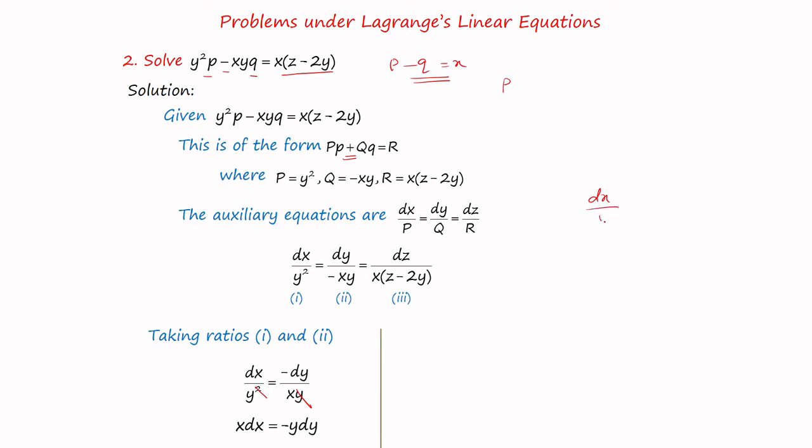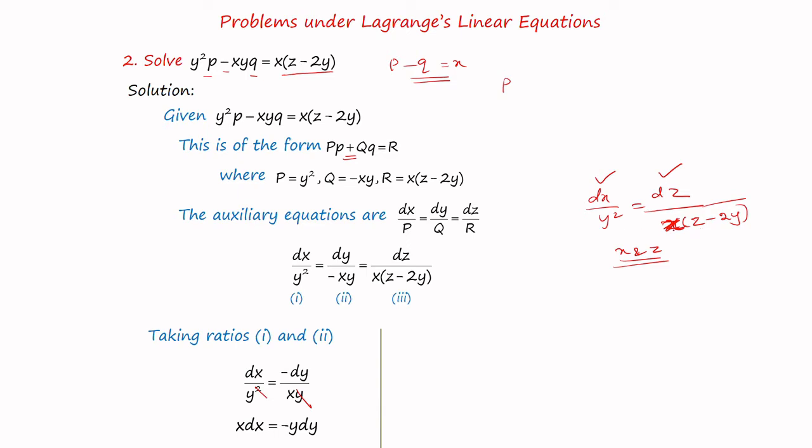Dx by y squared is equal to dz by z into z minus 2y, and here x is there. Here nothing gets cancelled. Sorry, y is not cancelled here because dx and dz are there. So the denominator should have x and z terms only. Okay, x and z terms only. And when you group, other terms should get cancelled.